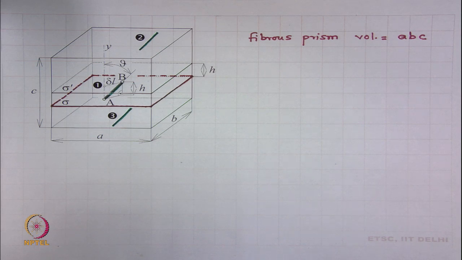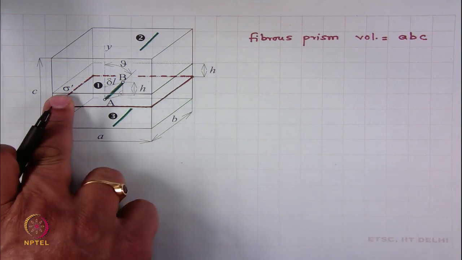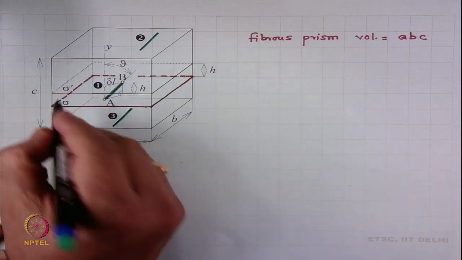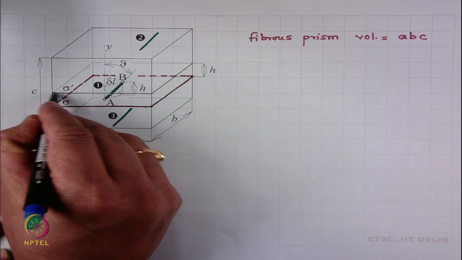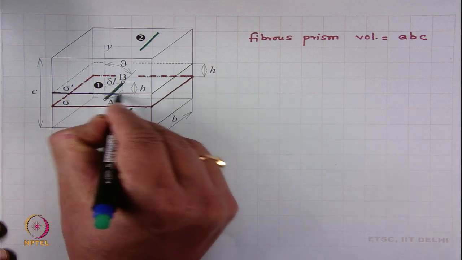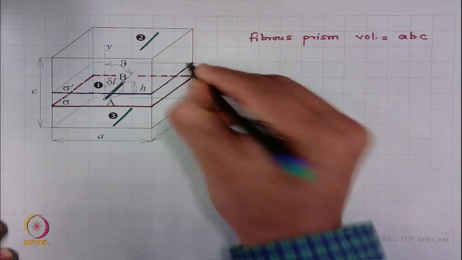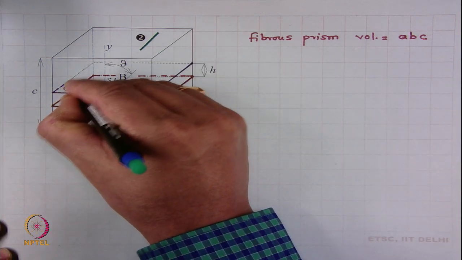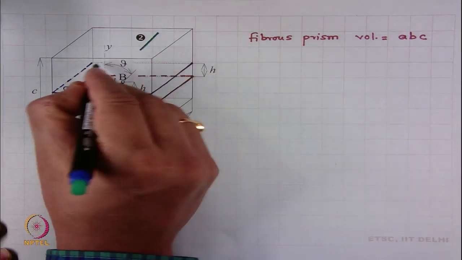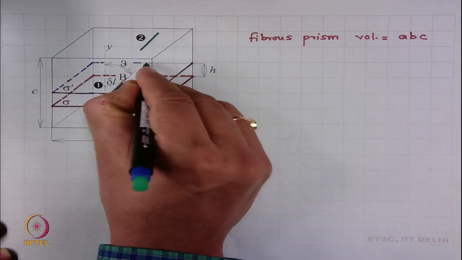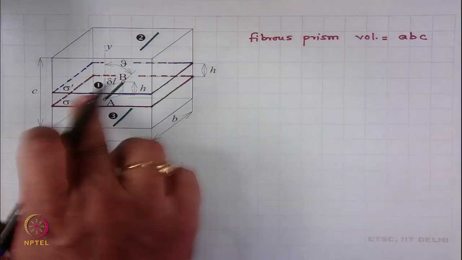Right. Now, there is another sectional plane which is named sigma prime. So, let us use blue color to denote that sectional plane. The position of this sectional plane is determined by the upper end of the fiber segment 1.